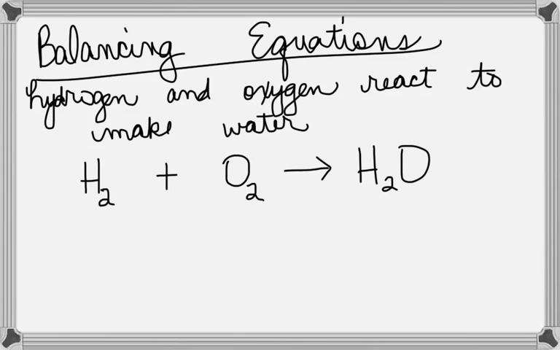Yeah, oxygen is one of those 7 diatomic elements. So I had to write H2 plus O2, and then the arrow means reacts to make or yields water. This is what I should have written. Do you see why it's an H2 and an O2 and not H and O?